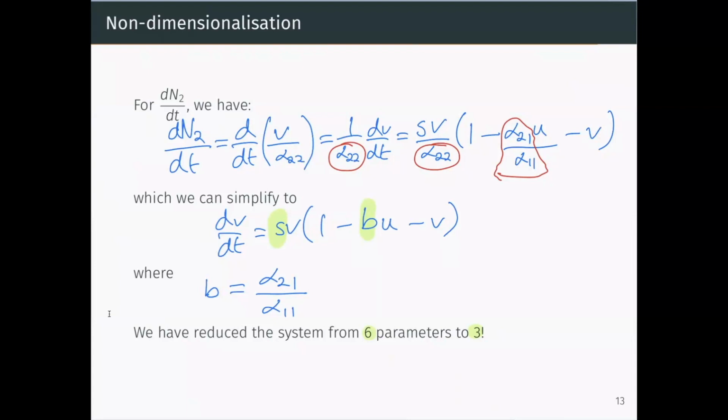So here, for example, all that matters is the relationship between this alpha 2,1 and the alpha 1,1, and there are lots of different alpha 2,1s and alpha 1,1s that could give you the same value of b. But all we care about is what is this value of b. And so essentially we're creating mathematical problems that are equivalent to our original model, but are simpler to analyze.